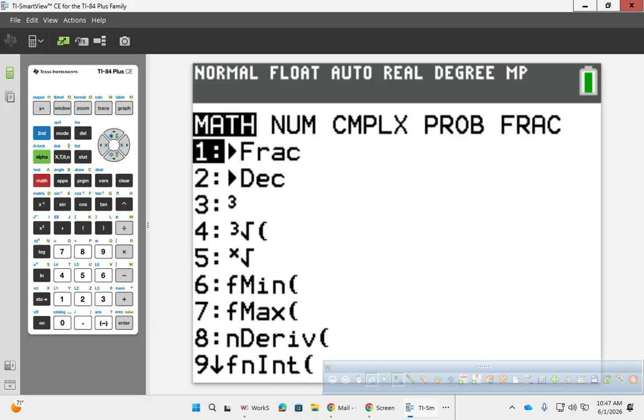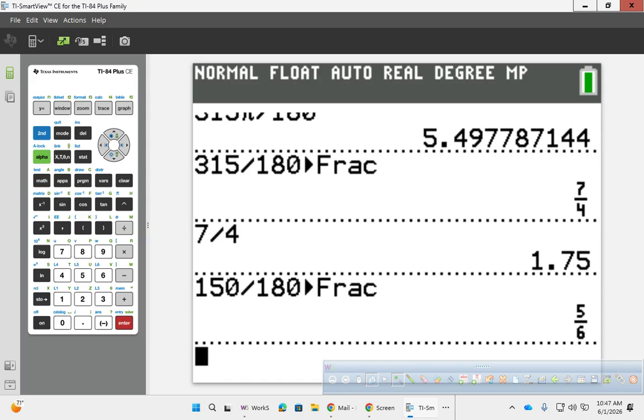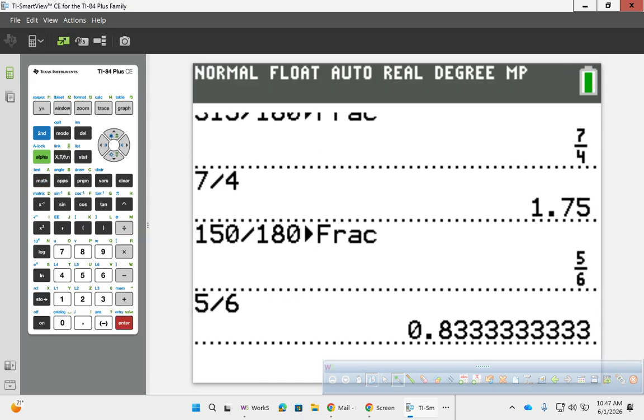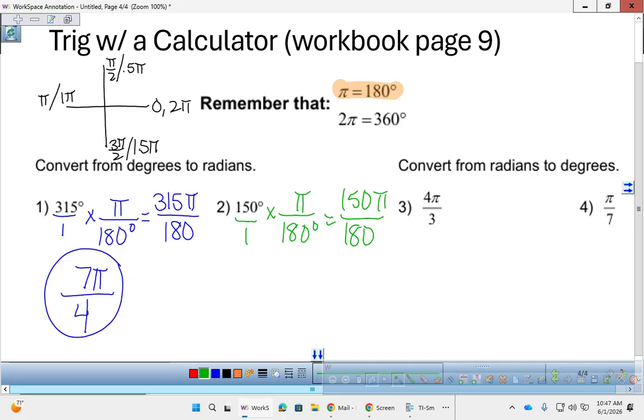Math, enter, enter. And 5/6 is between 1/2 and 1. It's 0.83. So that makes sense. So it's a way to check your work as you go. So this one's going to be 5/6, because 150 over 180 is 5/6, and then the pi will just stay in the top.